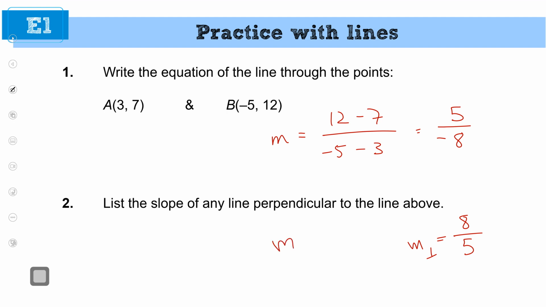Okay. Hi, welcome to Algebra 1. Haley, is it 5 over negative 8, or is it negative 5 over 8? 5 over negative 8. Has to be 5 over negative 8?